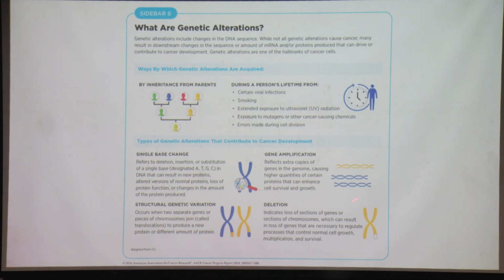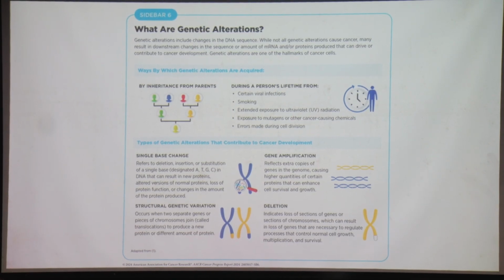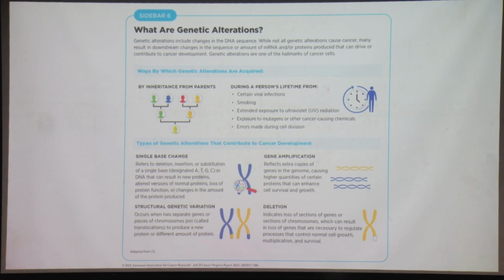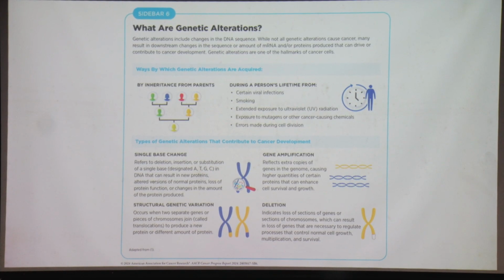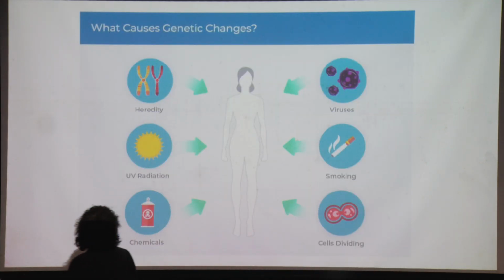We all know P53 is a tumor suppressor. Many times P53 is mutated so that it is no longer functional, or altogether lost in cancer patients. So gene deletion can cause cancer. Similarly, structural variations. I will show you examples of all of these.